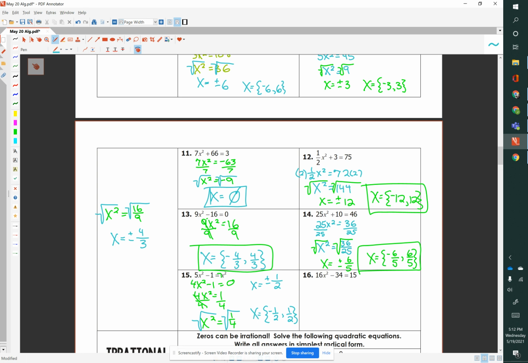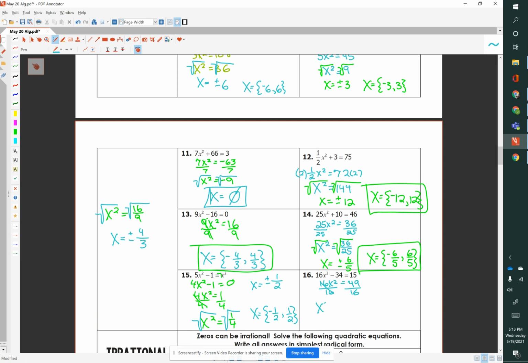And number 16, 16x squared minus 34 equals 15. We'll move that 34 to the other side, which will give us 16x squared equals, we add 34 to both sides. On the right side, we have 49. And then we divide by 16, and you see we have two perfect squares there.